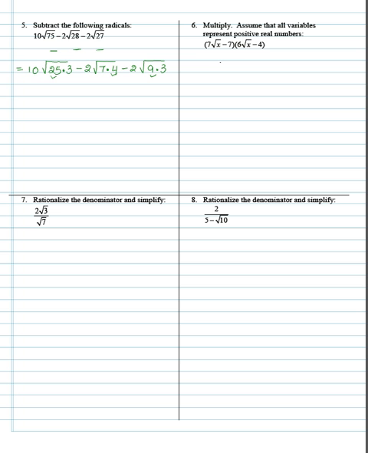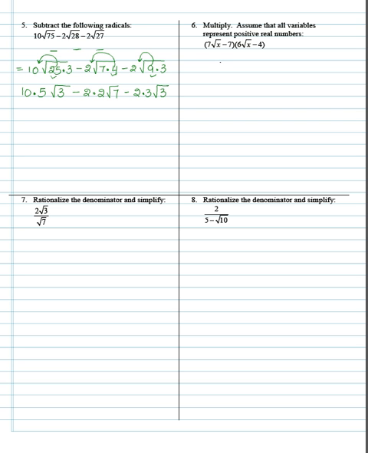Now, I know that the square root of 25 is 5, so 25 comes outside as 5. 4 comes out of the radical as 2. 9 comes out of the radical as 3. So it's 10 times 5 radical 3, minus 4 coming out of the radical, 2 times 2 radical 7, minus 2 times 3 radical 3.